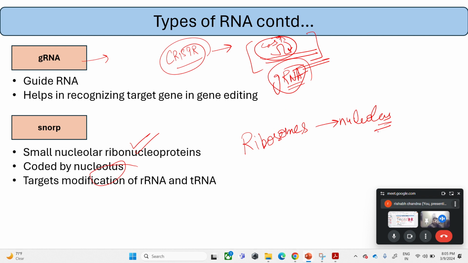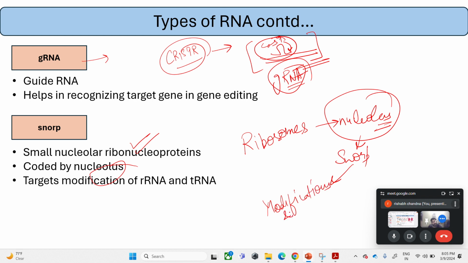So the nucleolus also encodes some of the RNAs called snoRNA that help in the modifications of rRNA and tRNA and the formation of ribosome.